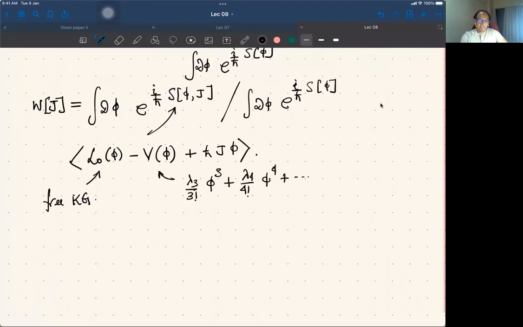Now, in the free case, what we had done is that we integrated phi completely and gotten an explicit expression in terms of J. So we have to do the same thing here, but because of this potential, there is a problem. The potential, when it appears upstairs, can still be managed, but it is difficult to manage when the potential is downstairs.